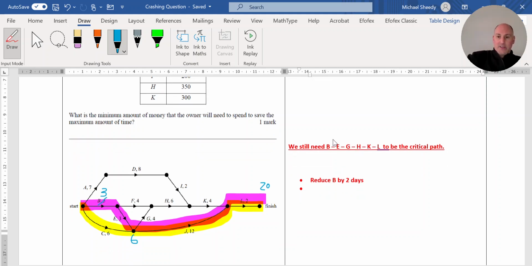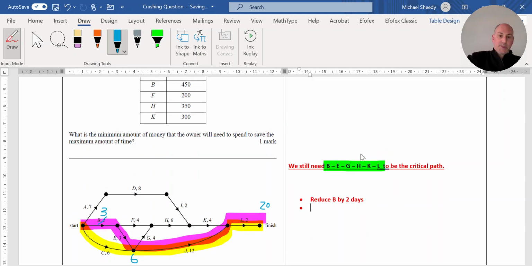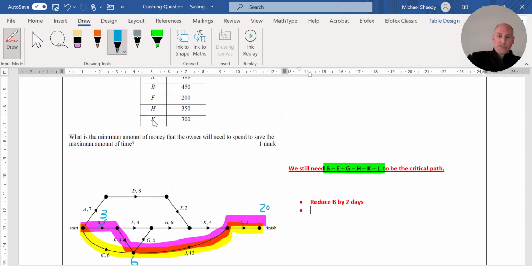Looking at the original critical path here in green on the side, my possible reductions could be H or K because they're one of the 5 that I could reduce, but K is cheaper, so we take that option.